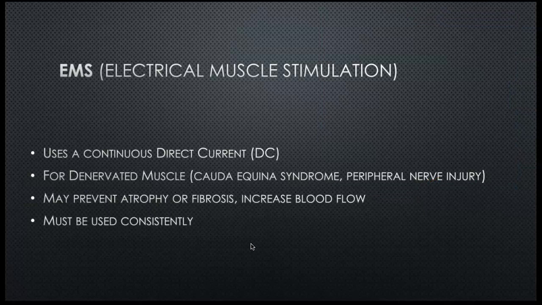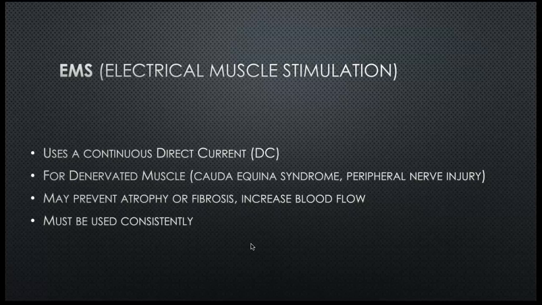There's something called electrical muscle stimulation that we are not going to do. It uses a direct current, and it is for denervated muscles. So somebody's peripheral nerve is no longer attached or does not have connection to their muscle, right? Does not turn on that muscle anymore. So it can happen with cauda equina syndrome, or if you had a peripheral nerve injury.